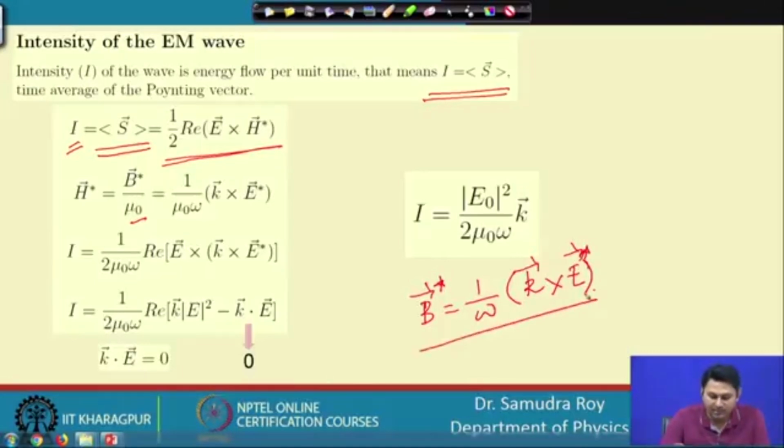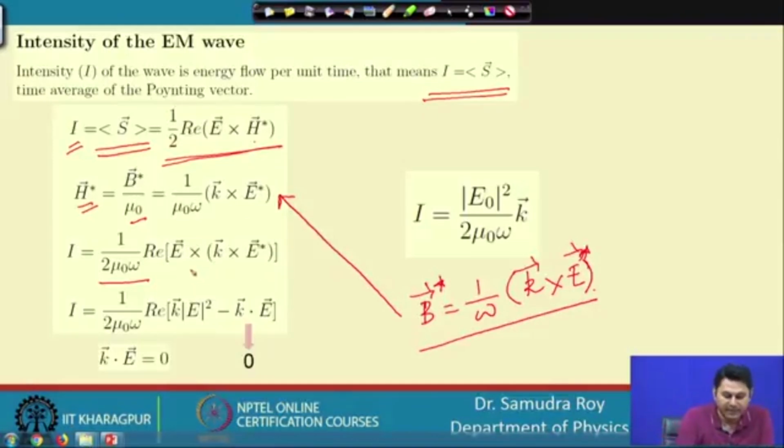We use this value of H here. So, I becomes 1 divided by 2 mu 0 omega, and E cross H star is replaced by this quantity, k cross E star.